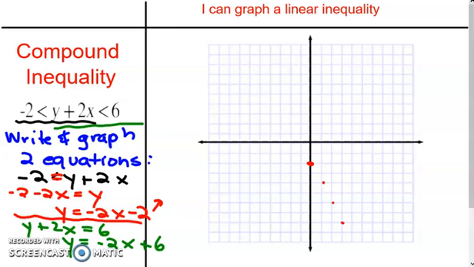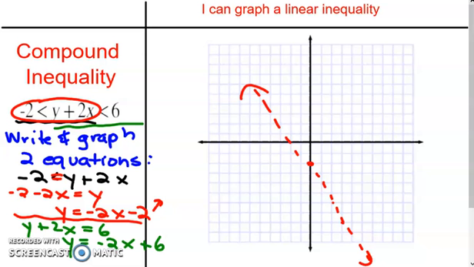And when I go back up to here, notice this left side is dotted. So I'm going to just keep this as dotted. That left equation was dotted, so we made that dotted.